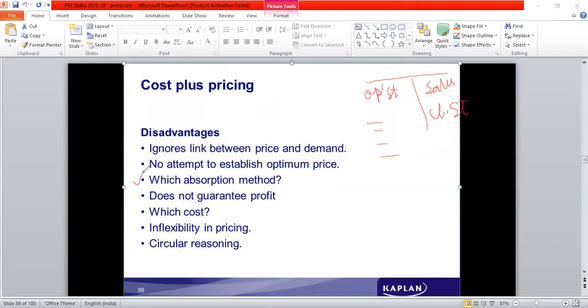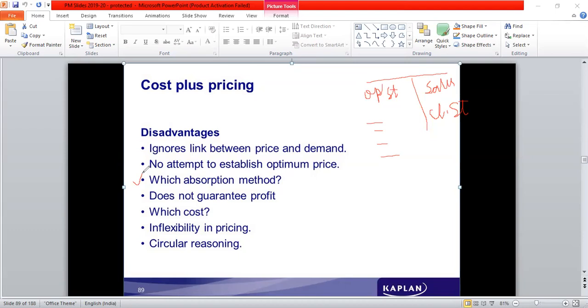So there is no guarantee that profit will be earned. Which cost: the variable cost, the fixed cost, the predetermined overhead rate, or activity based costing? What are the costs which are to be considered? That is not clear. Another disadvantage is inflexibility in pricing and circular reasoning.